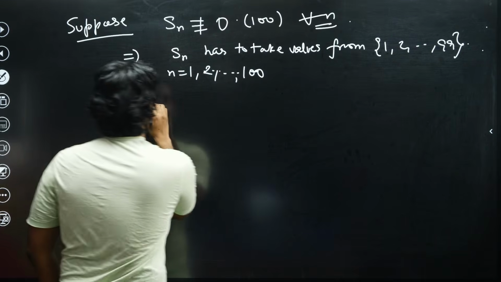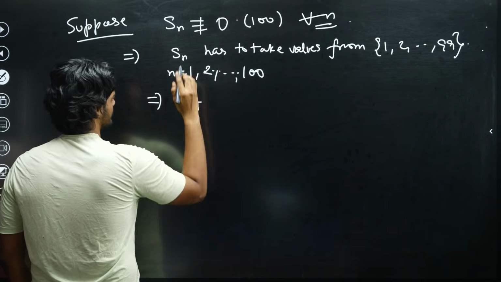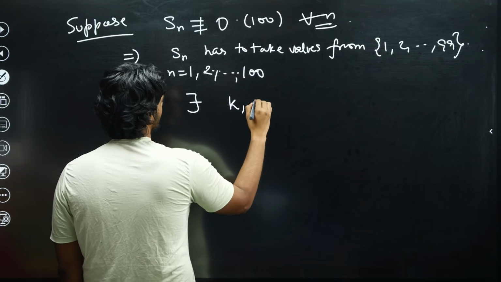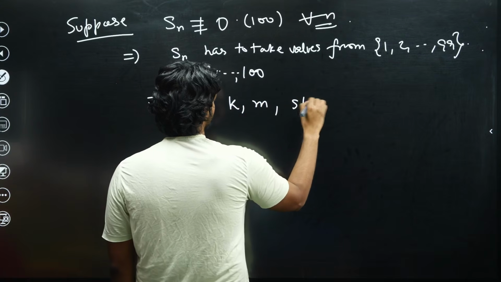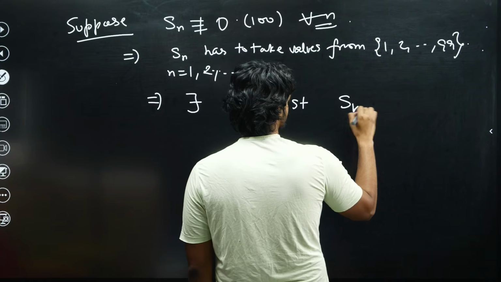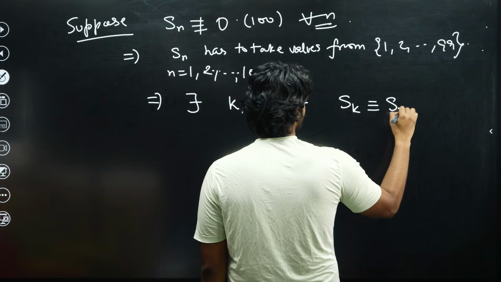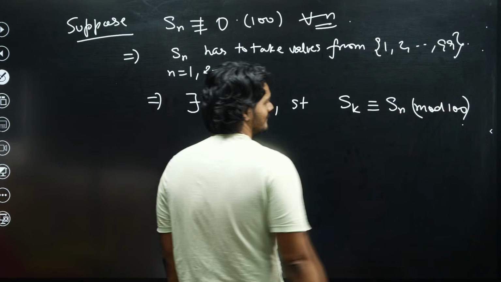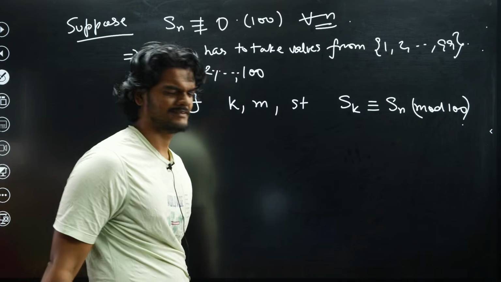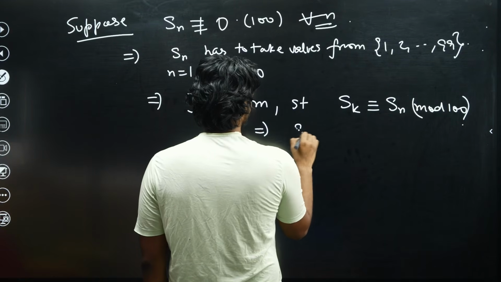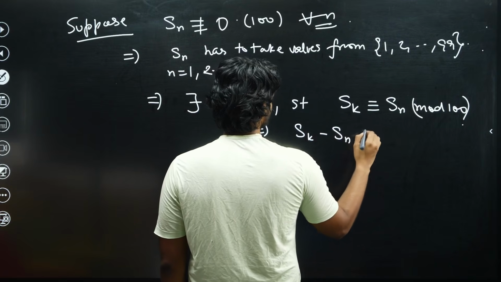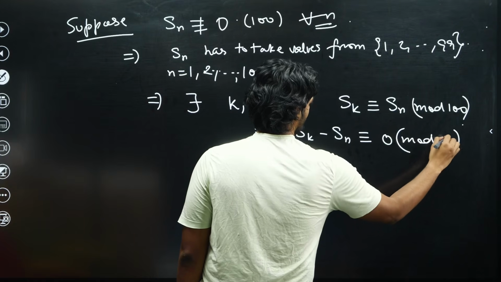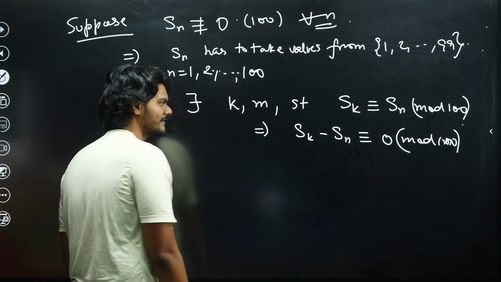That implies there will exist some k and n such that Sk is congruent to Sn mod 100. Done. That will mean Sk minus Sn is congruent to 0 mod 100, right?